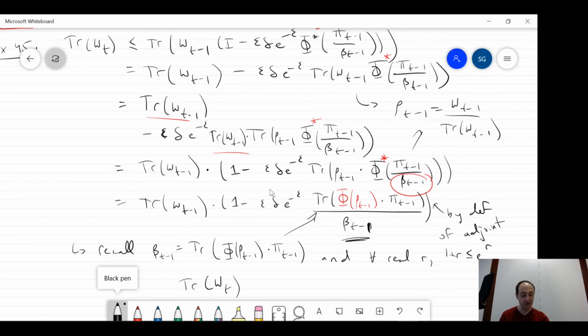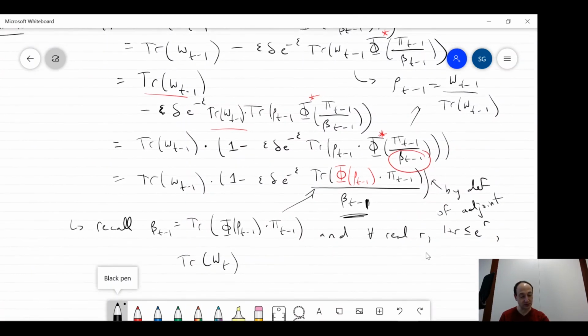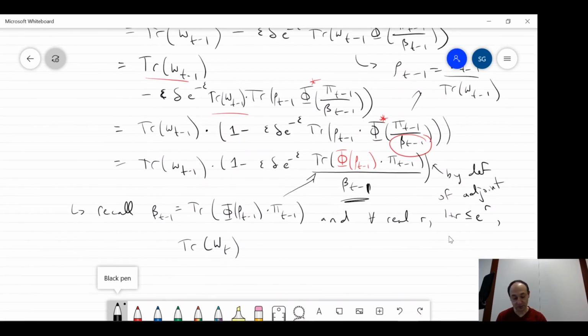And then I have this 1 minus this funky thing. And so then I presumably will use this identity now. And what we should get now is just the final upper bound, trace of wt minus 1 times e to the minus epsilon delta e to the minus epsilon. Okay. That's how we get this final step.